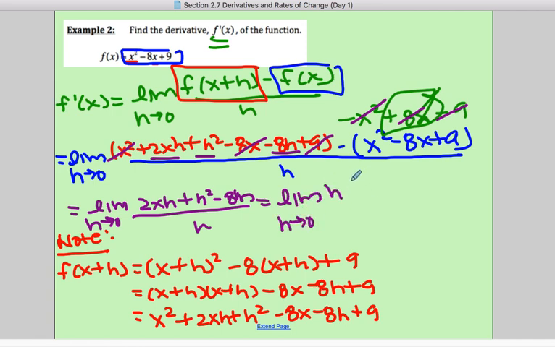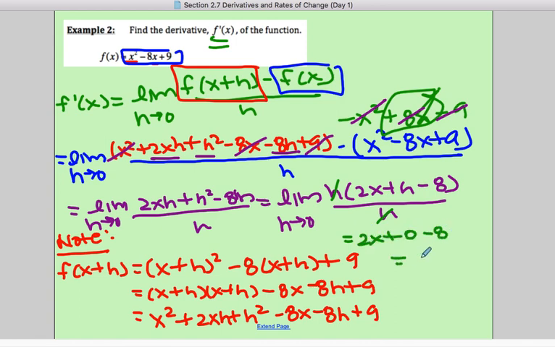So I would have 2x plus h minus 8 all over h. These h's cancel, and now I can plug in 0 for h. So I'd have 2x plus 0 minus 8, which leaves me with 2x minus 8. So that is my derivative.